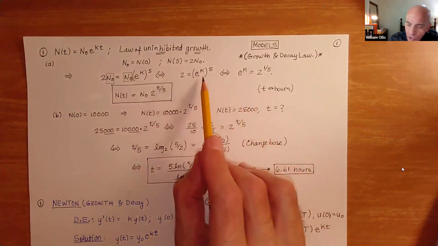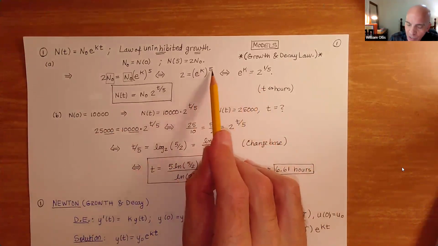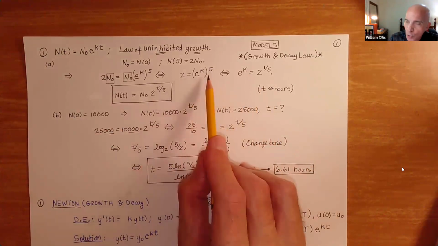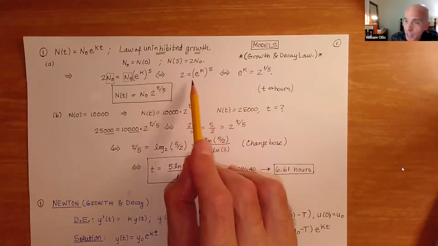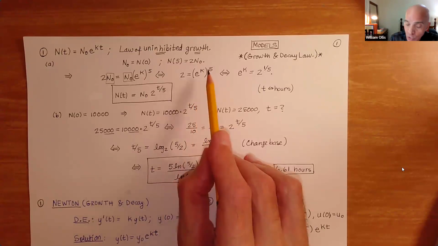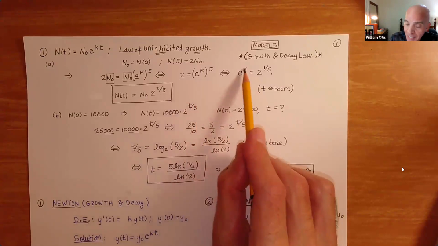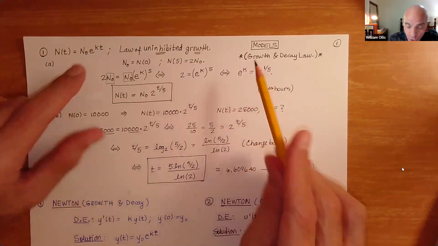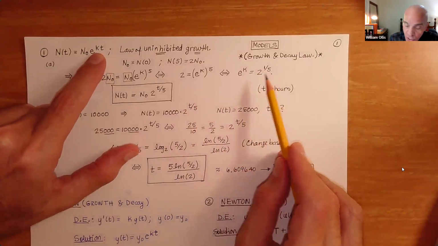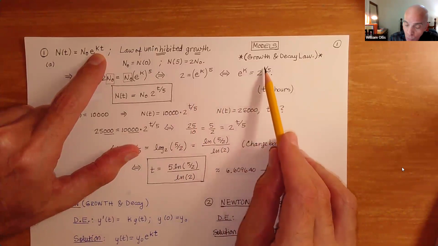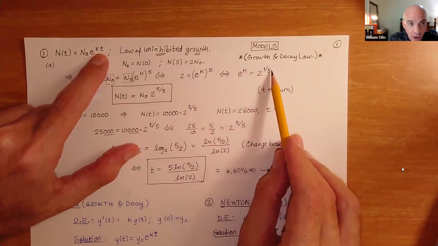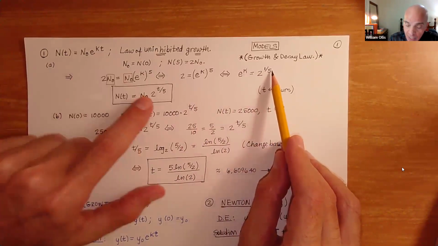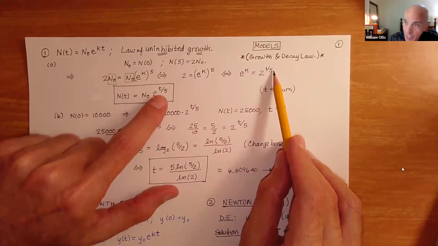So basically what you have here is e to the k raised to the 5th power is 2. Raise each side of the equation to the 1/5 power to absorb the 5, and you have e to the k is just 2 to the 1/5. Now when you go back to the equation, you simply replace e to the k with 2 to the 1/5, and then the law of exponents with the t gives you 2 raised to the t over 5.